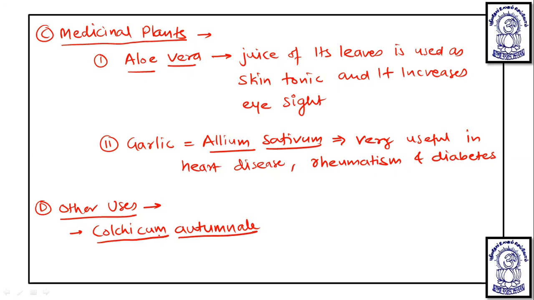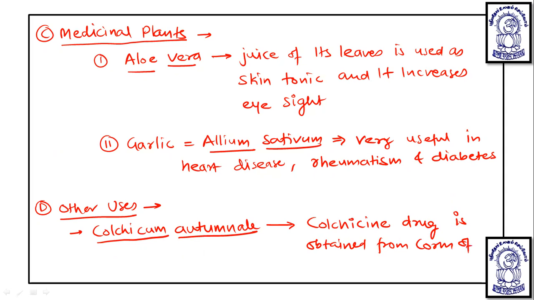If we talk about this Colchicum autumnale, then from this the colchicine drug is obtained from the corm stem of the plant.